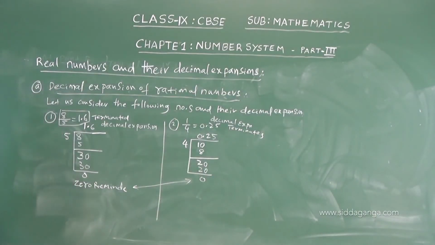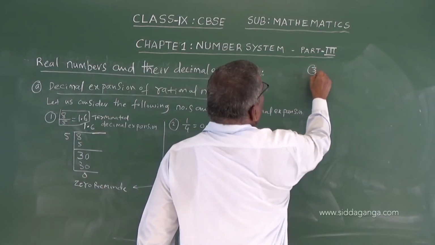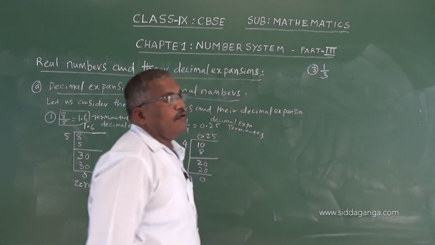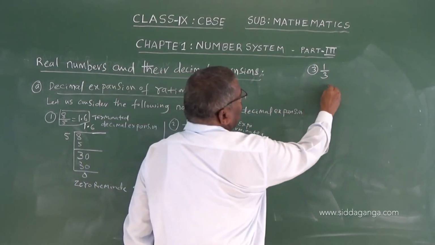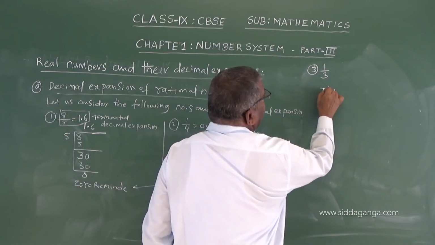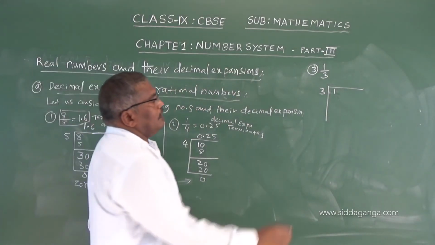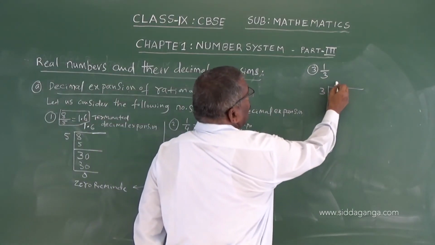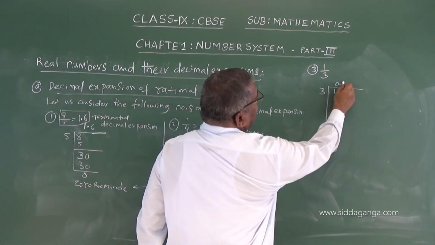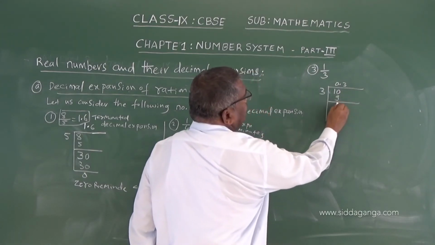Let us take two more examples. Third one, 1 by 3. Here you observe what happens if we divide 1 by 3. 1 is not divisible, therefore we put 0 and a decimal. It becomes 10. 3 3s are 9. Remainder is 1.